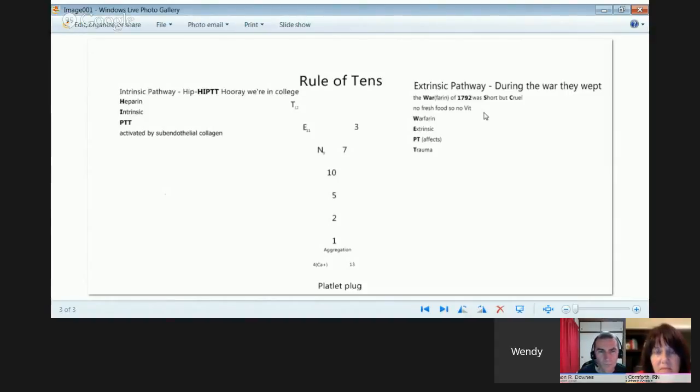Well, this is 1792. It's the clotting factors: 7, 9, 2, and 10. Those are the clotting factors. So it's actually 10 there, so you kind of have to know that.